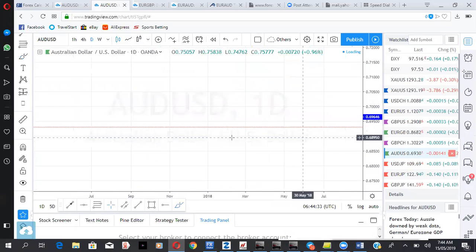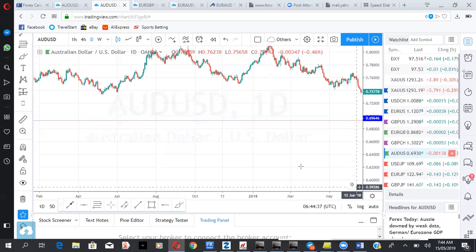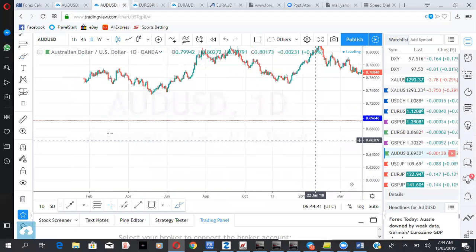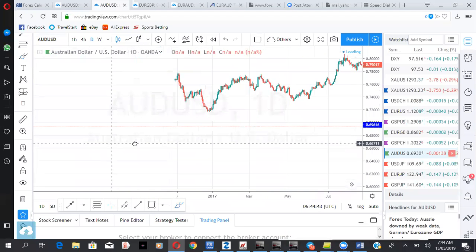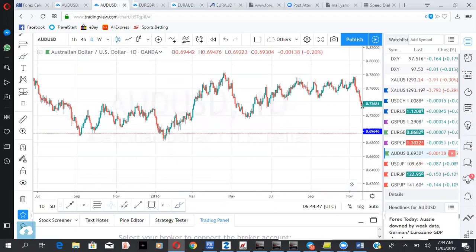And basically, I do not see any other support structure, any swing prior, except for this area.